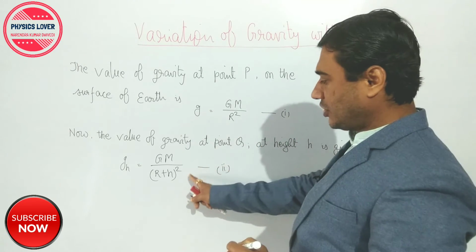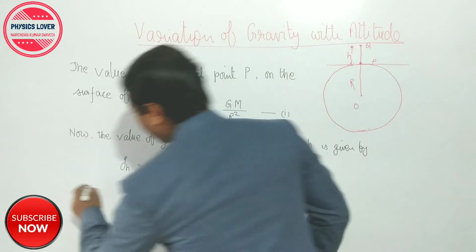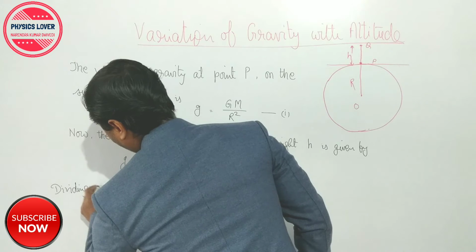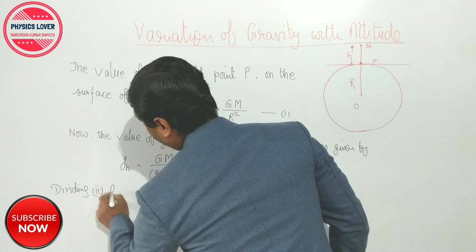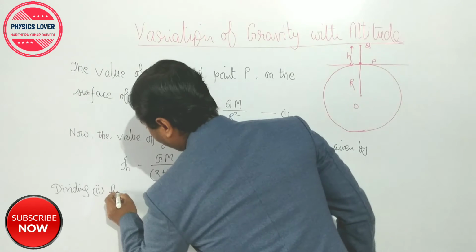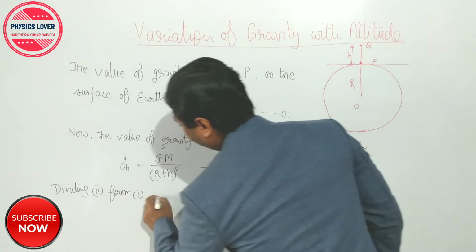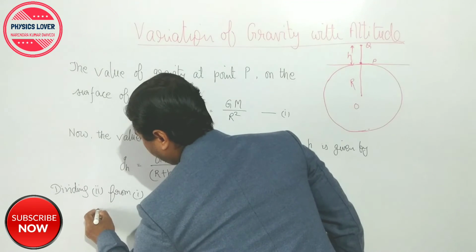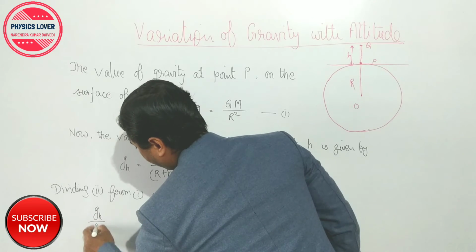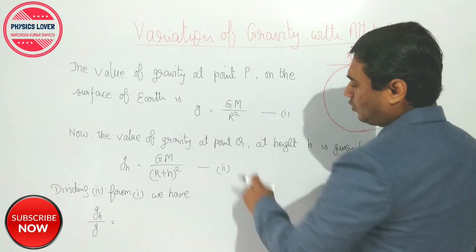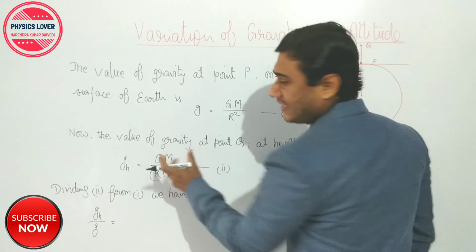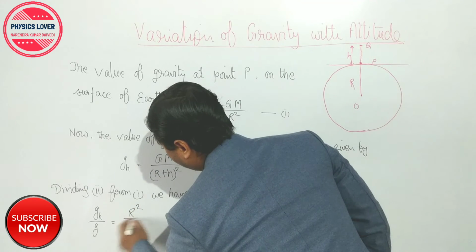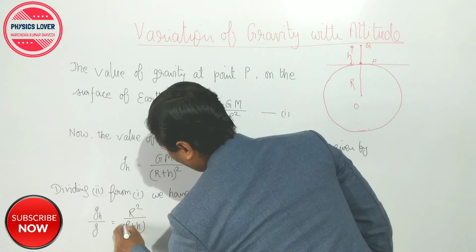Let's divide equation 2 by 1. So dividing equation 2 by 1, we have on the left hand side g_h upon g. This is equal to, now this GM and GM get cancelled and we have R square upon R plus H whole square.